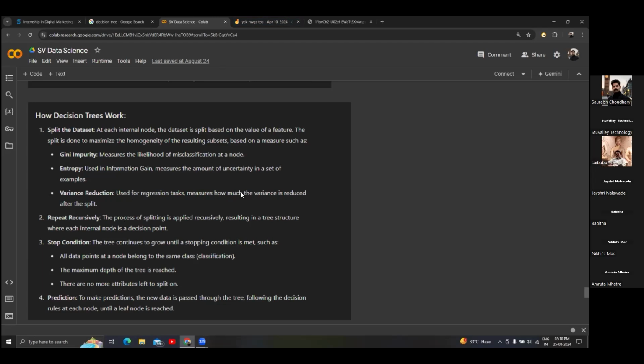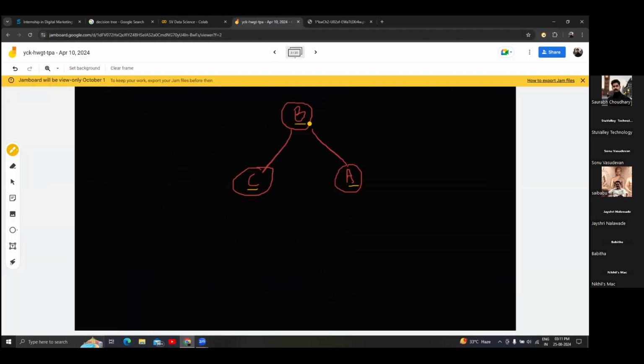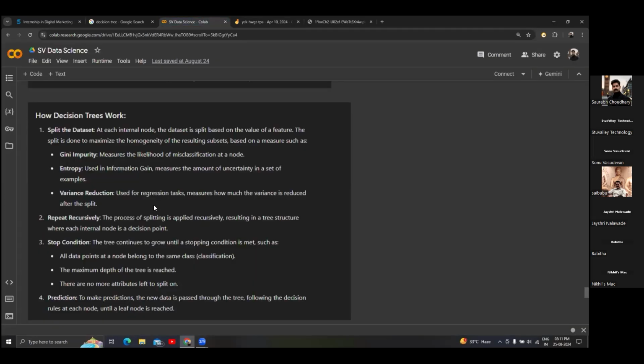You measure how much the variance is reduced. Suppose the variance here is 100. If you split it, it might split into 50-50. So there is some reduction. This is variance reduction.